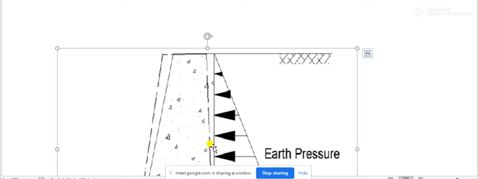Active earth pressure is decreasing from this position to this position of the retaining wall, but the vertical pressure, that is gamma h, will remain constant throughout this operation.